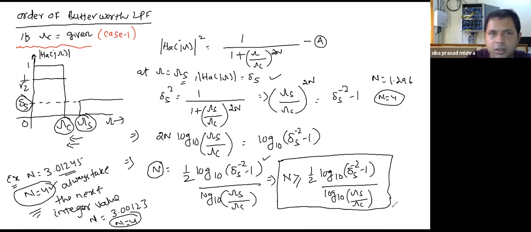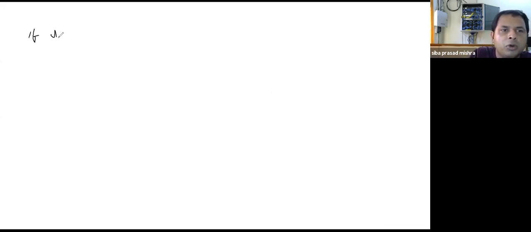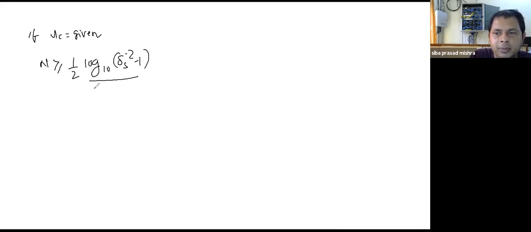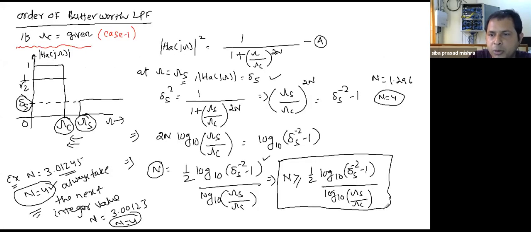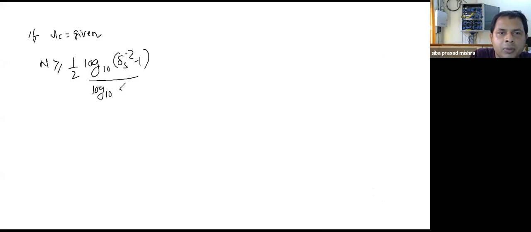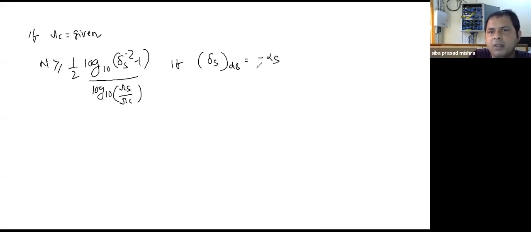So if omega c is given, then order n is greater than or equal to 1 by 2 log 10 of del s to the power minus 2 minus 1, divided by log 10 of omega s by omega c. Now, if del s is given in dB, equal to minus alpha s.